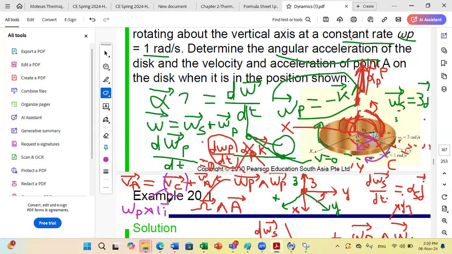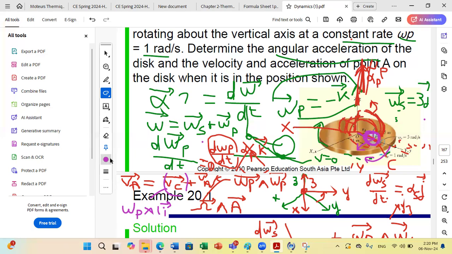And we should add to it the relative velocity of A with respect to C. So A is doing what with respect to C? It's doing rotation, and this rotation is counterclockwise along positive j. So VA relative to C will be perpendicular to this.